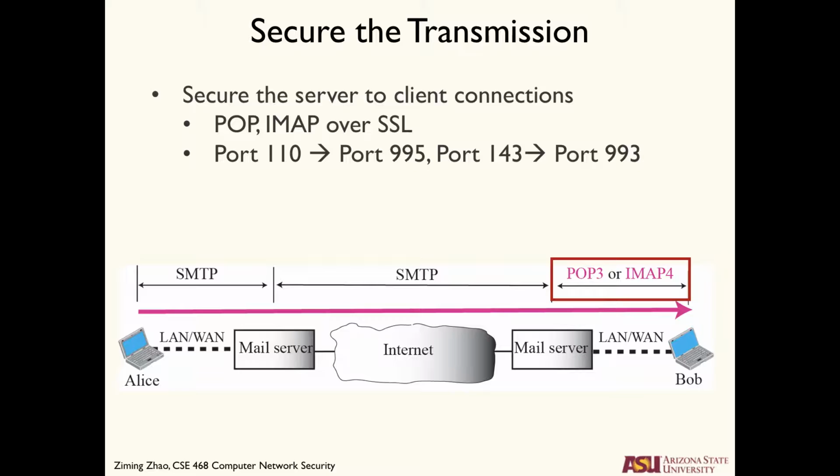The reason we can do that is because POP3 and IMAP are application level protocols on top of TCP. So for all the application level protocols on top of TCP, we can at least protect the confidentiality with TLS or SSL.